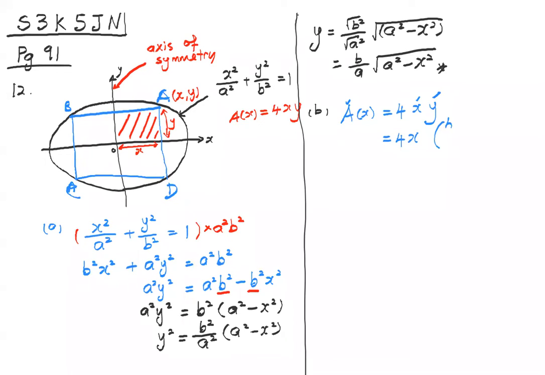That is b over a times square root of a squared minus x squared. So I got 4b over a times x times square root of a squared minus x squared. Done. Okay? Can I go on?